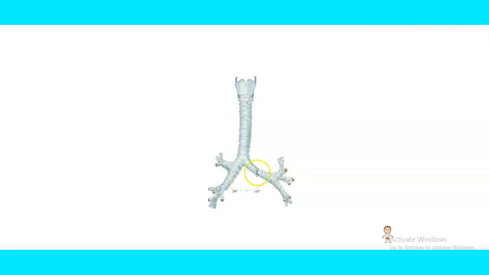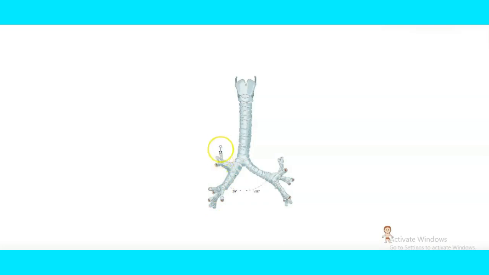The primary bronchus on the right side divides into three branches: a superior, a middle, and an inferior secondary or lobar bronchus. The superior further divides into three branches that will supply the different segments, which we are going to talk about soon.